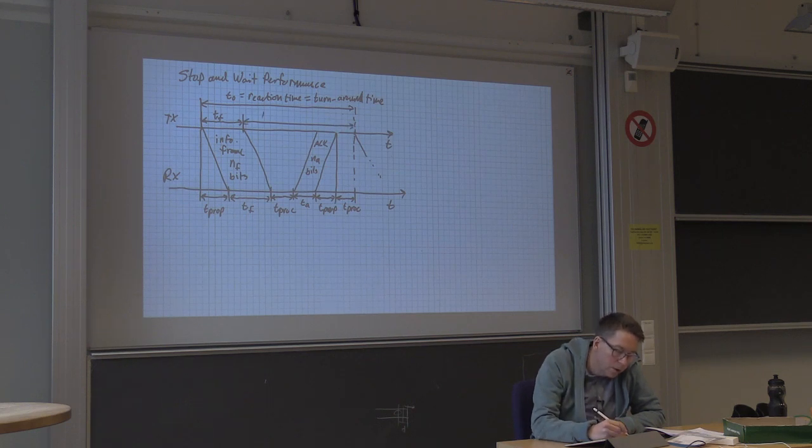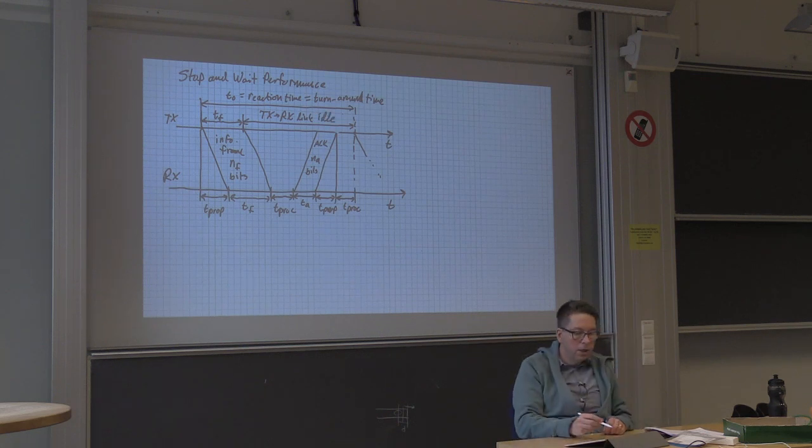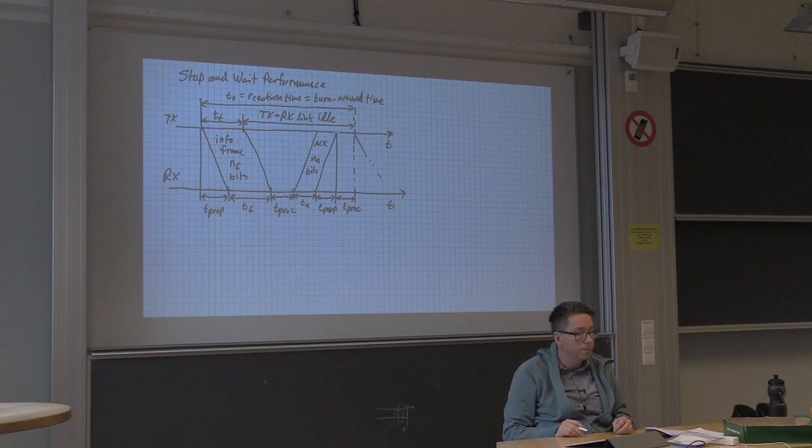This part is when the transmitter to receiver link is idle. And we will see later on that this is what sometimes causes bad efficiency for the stop and wait protocol, because here the transmitter is doing nothing while it could potentially have been transmitting data, but due to the protocol it's waiting for the acknowledgement.